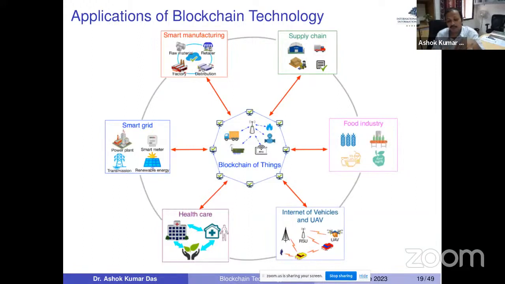For example, blockchain can be used in smart manufacturing for better security, in the supply chain, in the food industry, in the Internet of Vehicles or Internet of Drones, where drones are also known as unmanned aerial vehicles, and in healthcare applications.